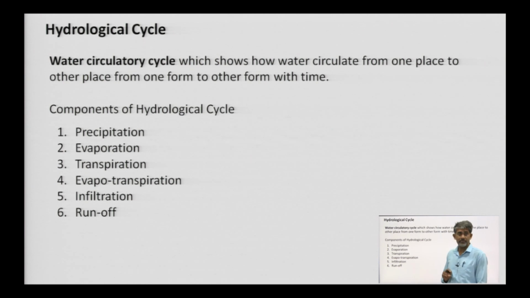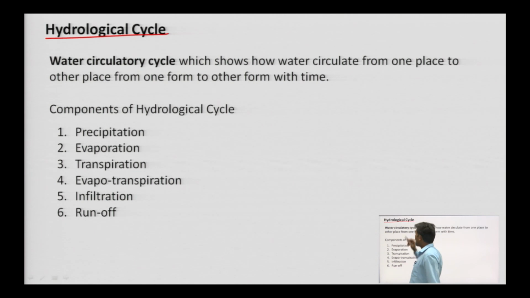At the last, I would like to tell you the different forms of the water. Different forms of the water, it is basically the hydrological cycle. What is the hydrological cycle?